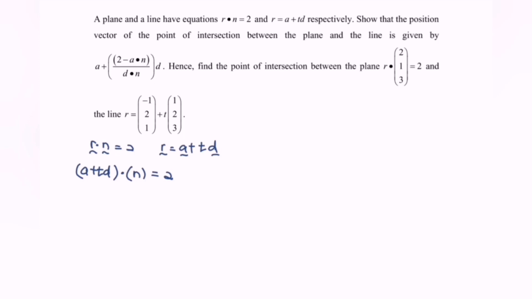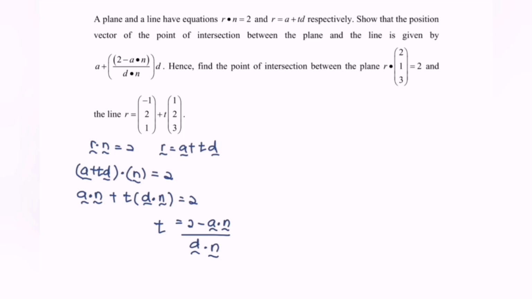If we dot the situation, it means that we have a dot n plus t multiplied by d dot n equals 2. So rearrange the situation and kindly express t as the subject. We have (2 minus a dot n) over d dot n equals t.